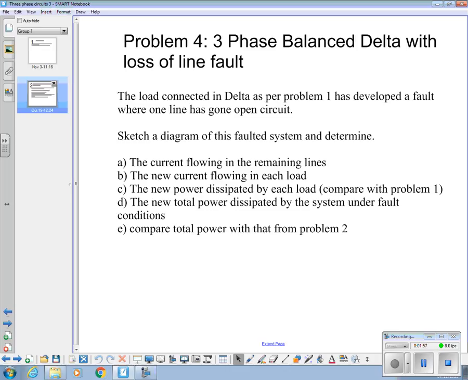A balanced load, develop the fault where one line has gone open circuit. Sketch a diagram of this fault system and determine those 5 things. Current flowing in each of the remaining lines, new current in each load, new power dissipated by each load, comparing that with problem 1, new total power dissipated by the system under fault conditions, and compare the total power of that from problem 2.